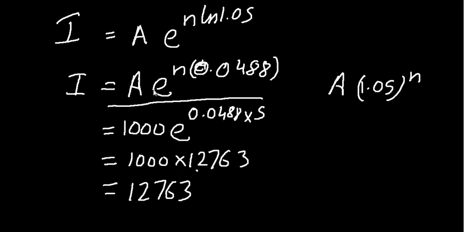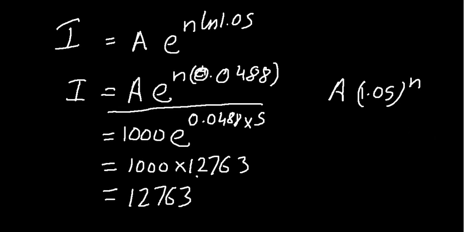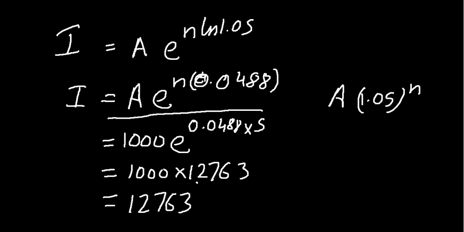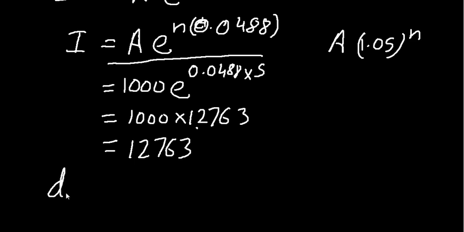So the formula is now A times e to the power of n times 0.0488. Now I said to you I want to find the rate of change of my investment on year 5. So that is basically dI over dn.